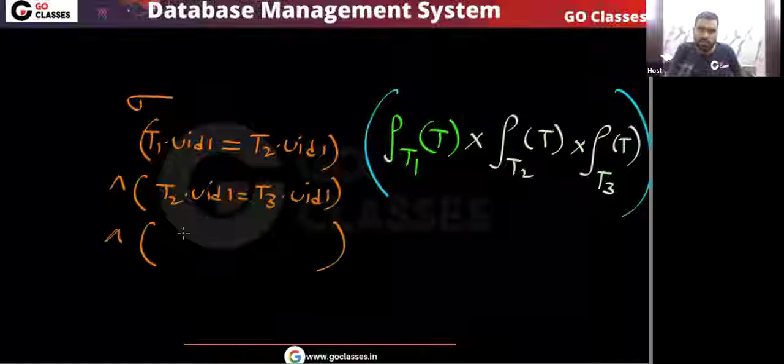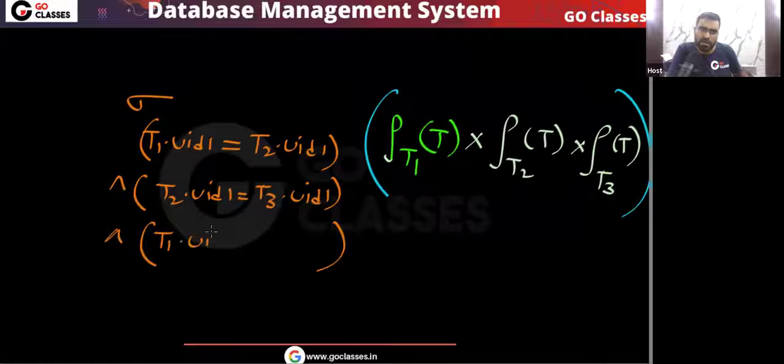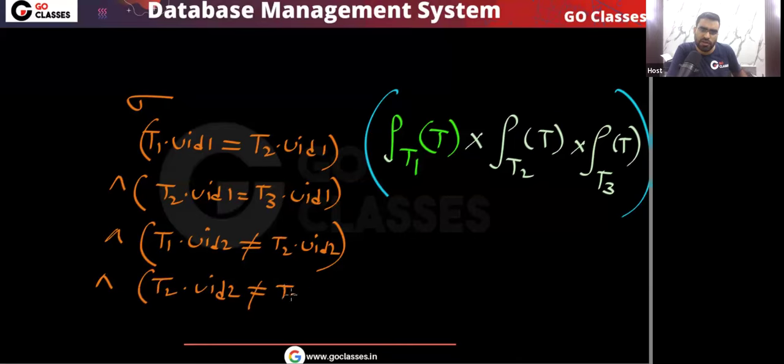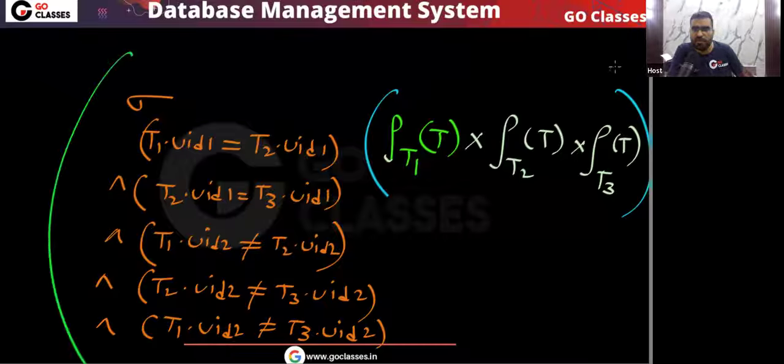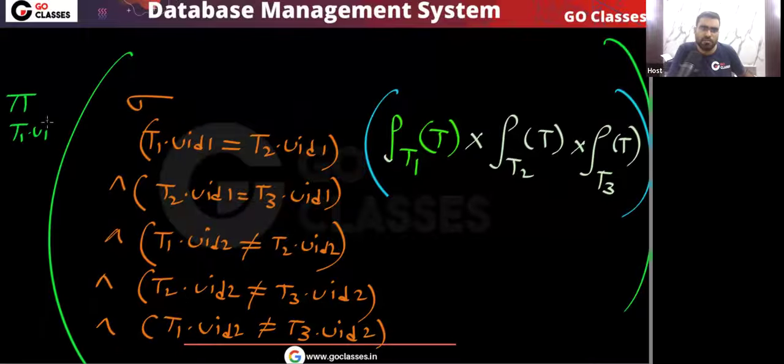And T1 dot UID2 should be different from T2 dot UID2, and T2 dot UID2 should be different from T3 dot UID2, and T1 dot UID2 should be different from T3 dot UID2. Okay, this is what should happen. Now once this is done, I will project T1 dot UID1. Is this clear? So this is the answer.